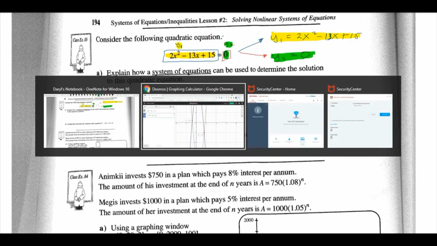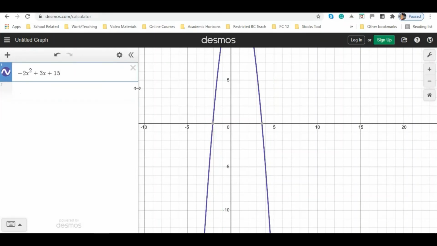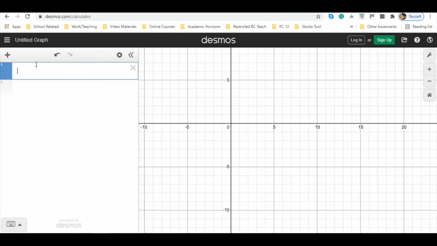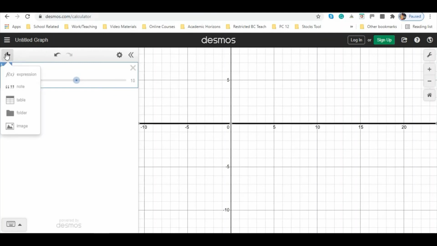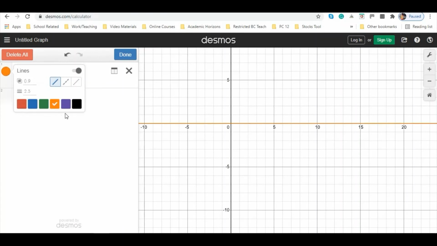So we go to our Desmos calculator. Again, we just have y is equal to 0 as our first. I'm just going to use a different color, so to emphasize, that would be orange.